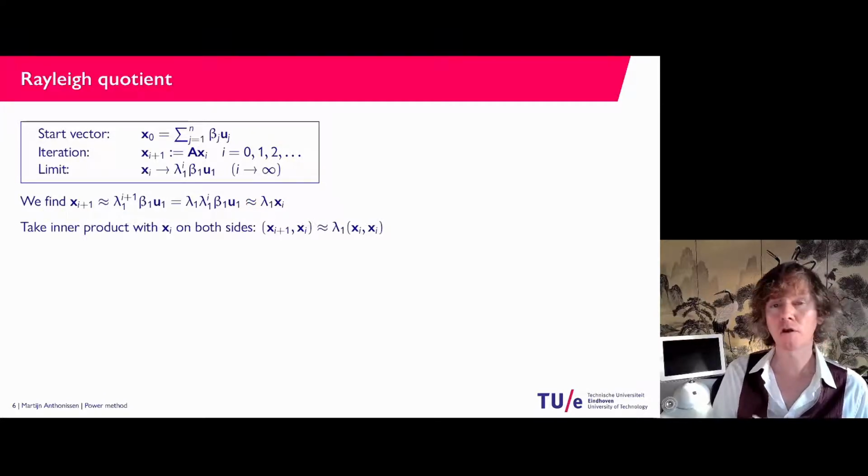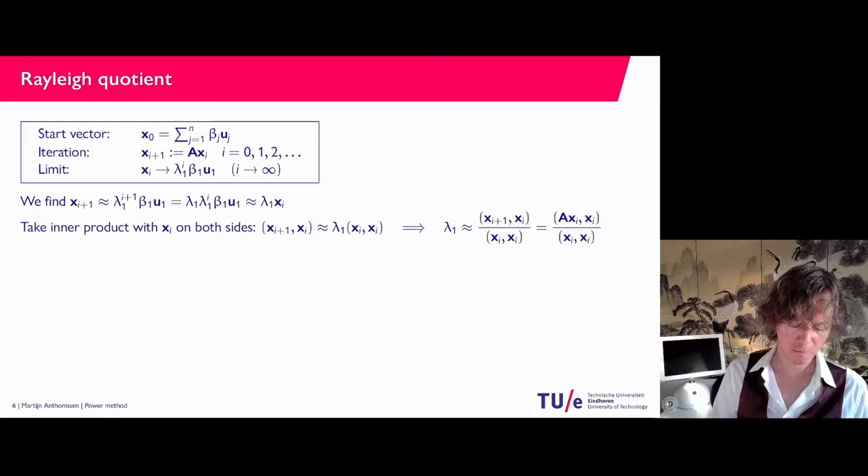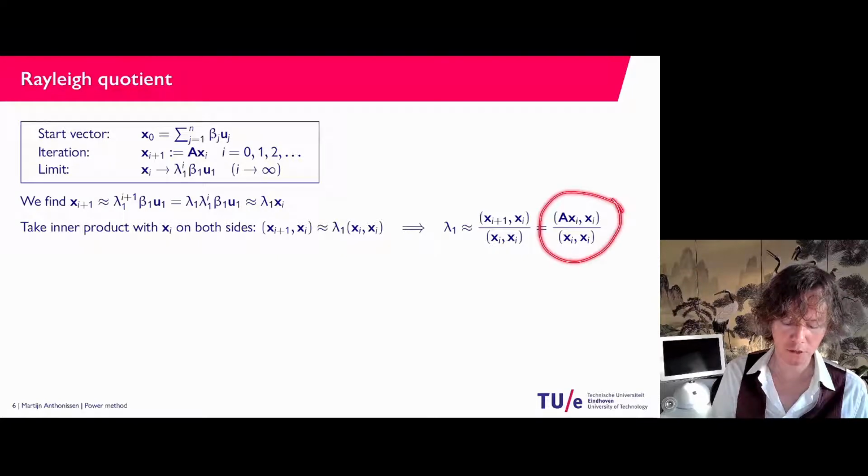Now if you take the inner product with xi on both sides of the equation, then you can pull it out on the right side. You can divide by this thing here. And what you find is that lambda 1, so the eigenvalue, is approximately, well, this quotient here, which you can write as A xi inner product with xi over xi inner product with itself.